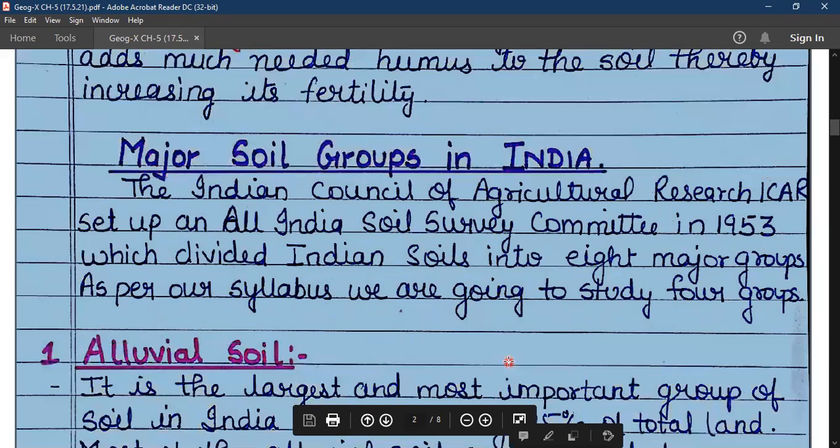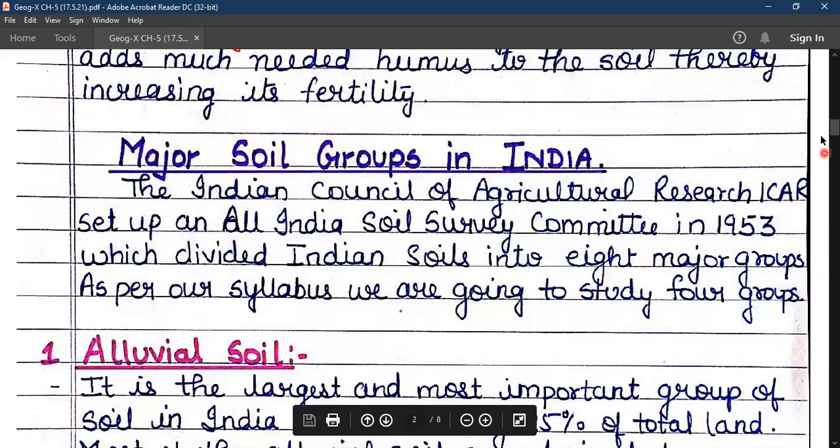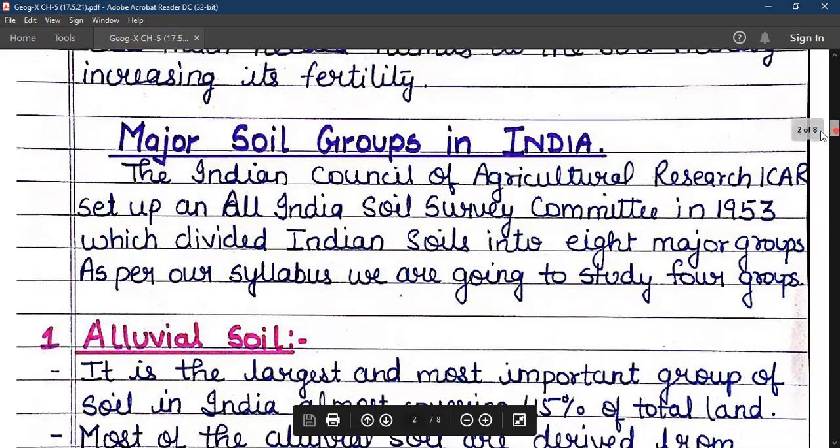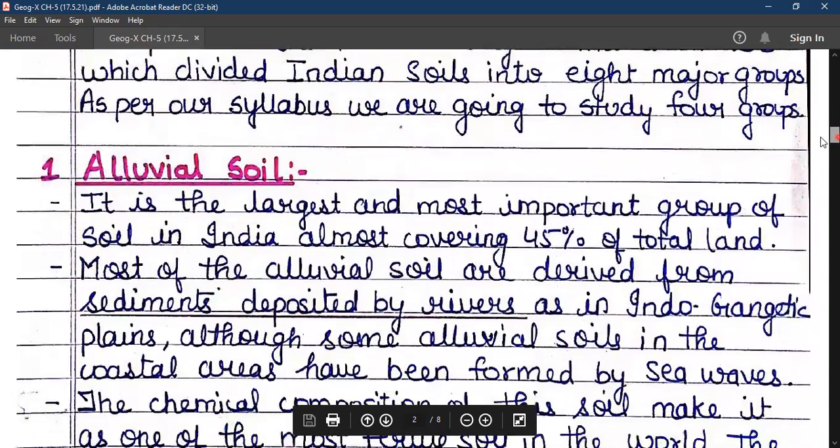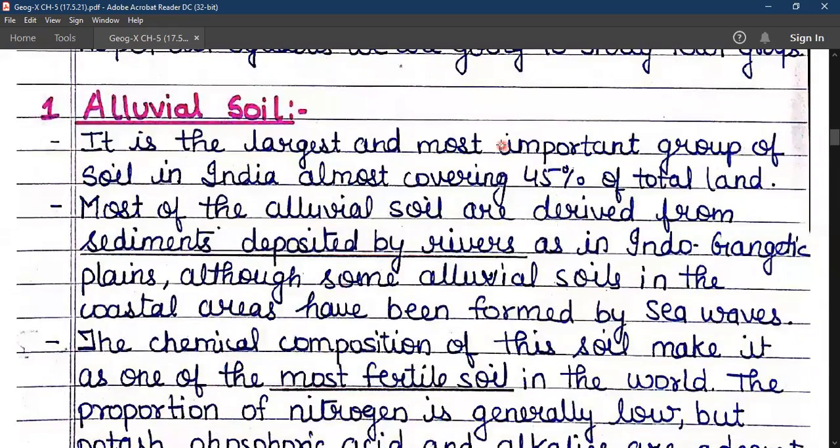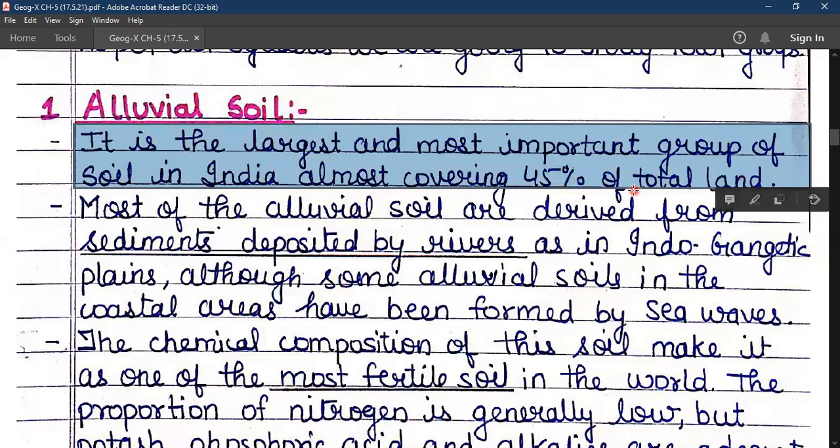These are alluvial soil, the first one. It is the largest and most important group of soil in India, almost covering 45% of total land. The maximum part of Indian land is covered with alluvial soil.